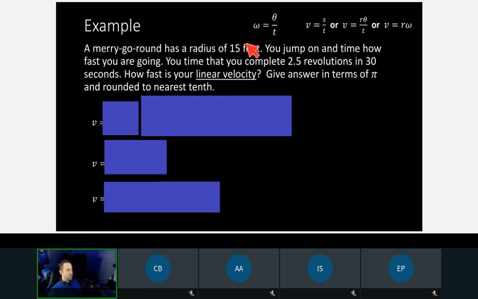So we probably don't want to use this formula because remember omega is for angles, and we don't care about the angles per time. We care about linear, which is going to be, is it feet? Yep, feet. We care about feet per time. And this is in seconds. Yep. So probably feet per second is really what we want.